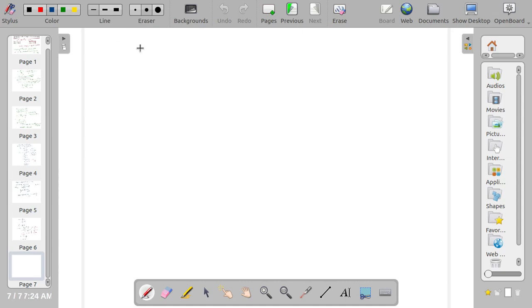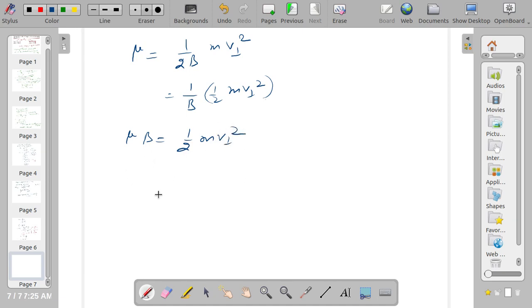Now again we consider the magnetic moment as half m v perpendicular square over B, so that mu B can be written as half m v perpendicular square.